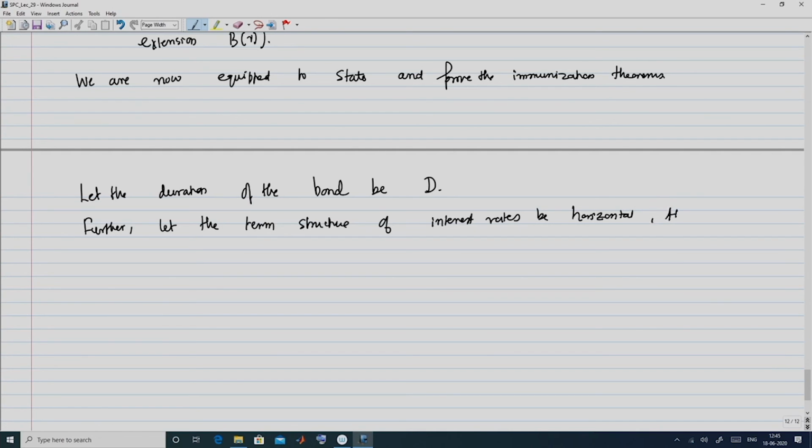That is, all maturities have the same yield. So, we are just starting off with a very simple case.